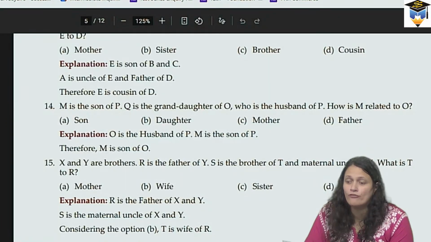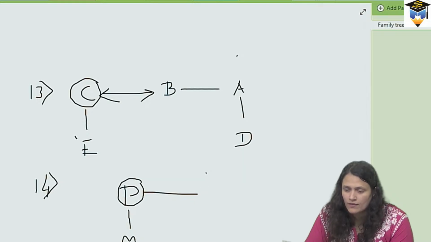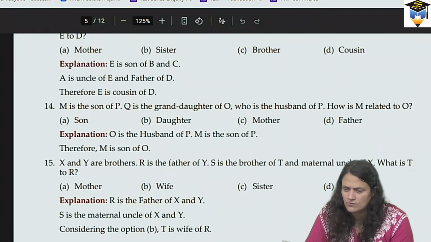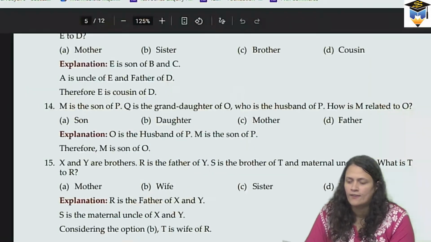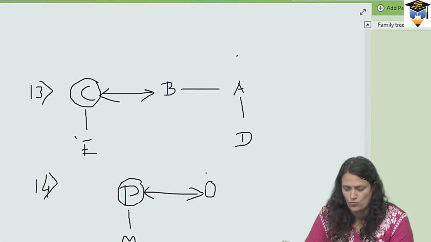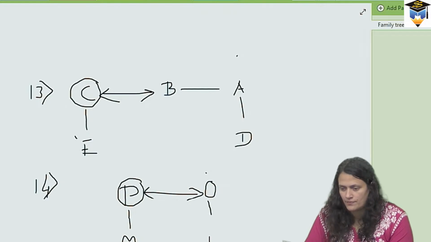Q is the granddaughter of O, who is the husband of P. Q is the granddaughter of O, who is the husband of P. So O and P are husband and wife. And Q is the granddaughter of P. So the granddaughter is Q, so there must be someone in between.